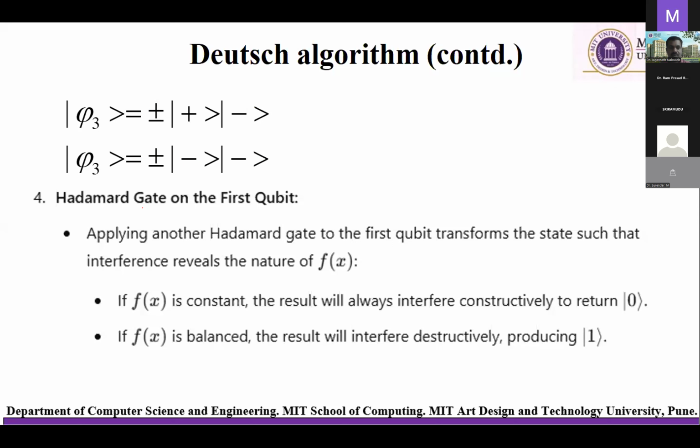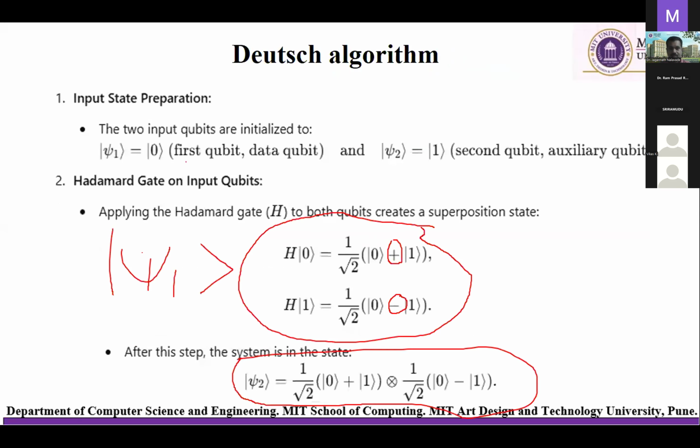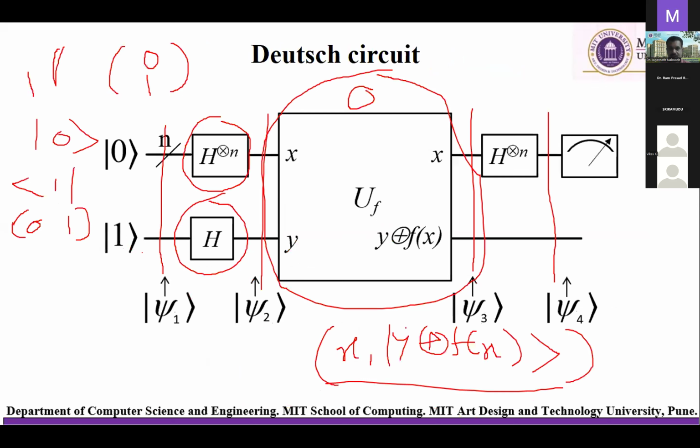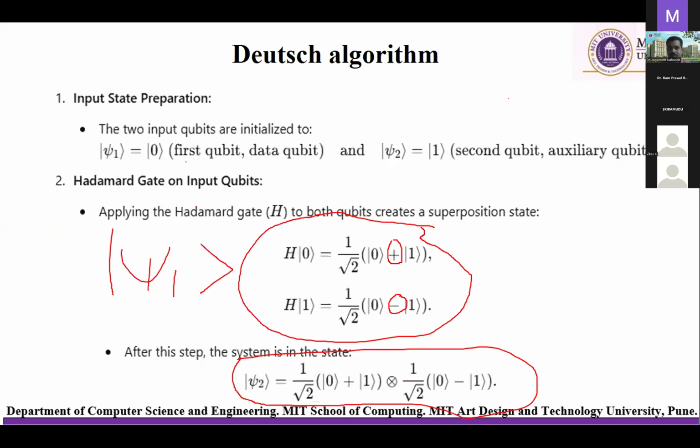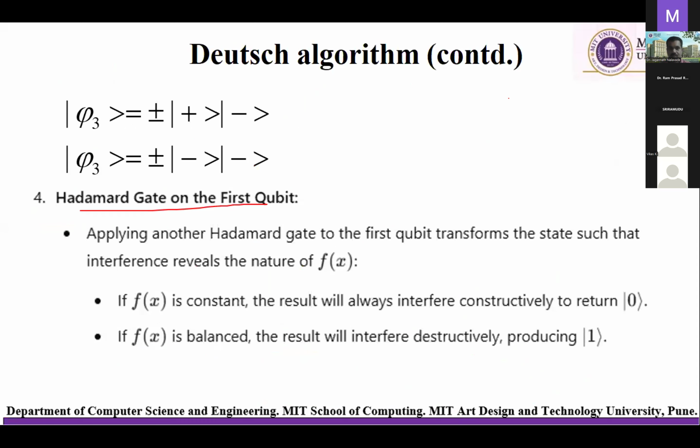Now the Hadamard gate on the first qubit comes after that. At the end there is one Hadamard gate given here, which means whatever output we are getting from the ket psi 3 is again applied to this last, third Hadamard gate. This Hadamard gate on the first qubit transforms the state such that the interference reveals the nature of f of x.